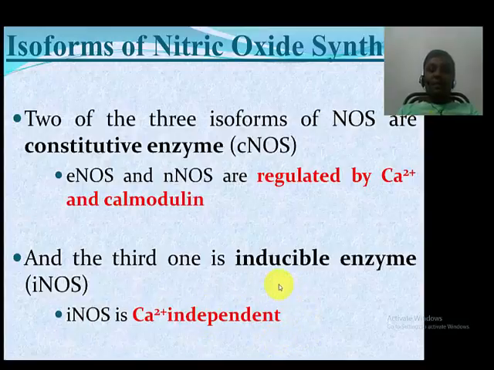Please remember, there are total three isoforms of nitric oxide synthase. Two are constitutive enzymes, dependent on calcium and calmodulin, whereas the third type, NOS2 or iNOS, is calcium independent and cannot be affected by the calcium level.